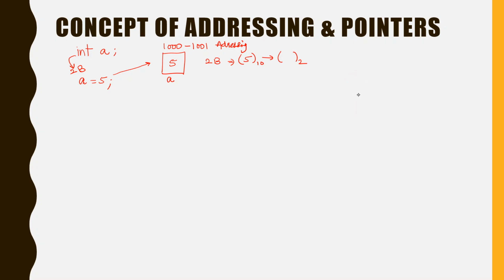Why 16 bits? Because the integer takes 2 bytes, so the 16 bits would actually be stored in this storage. This is the concept of addressing.